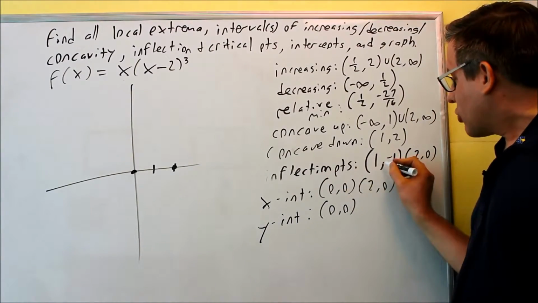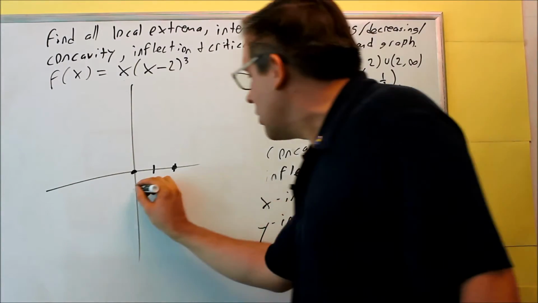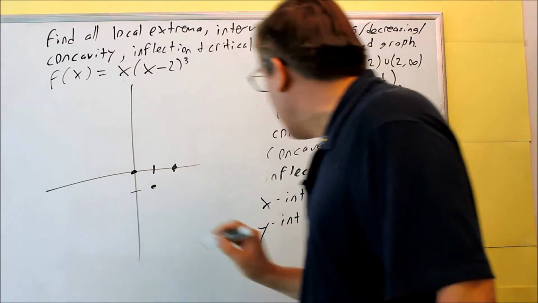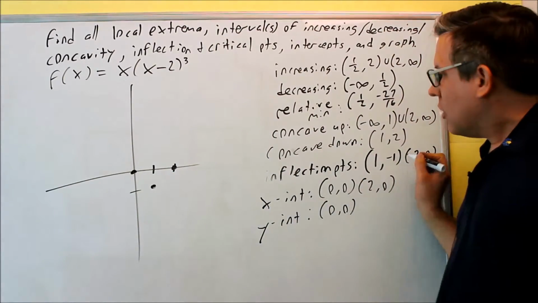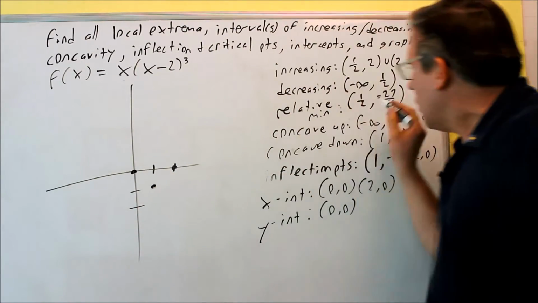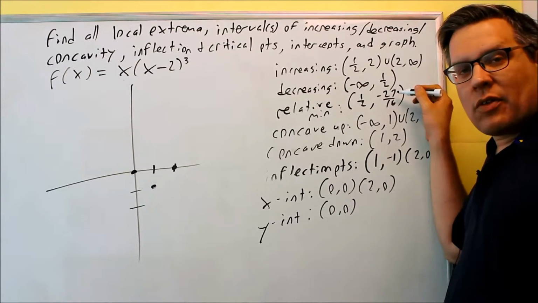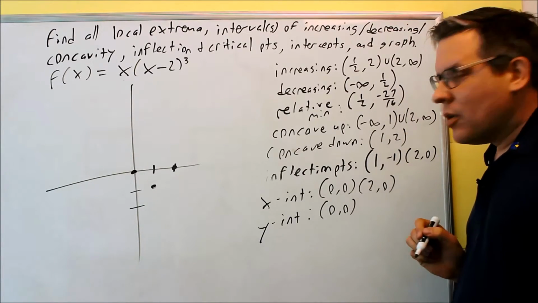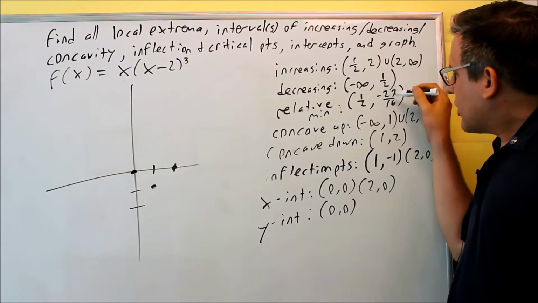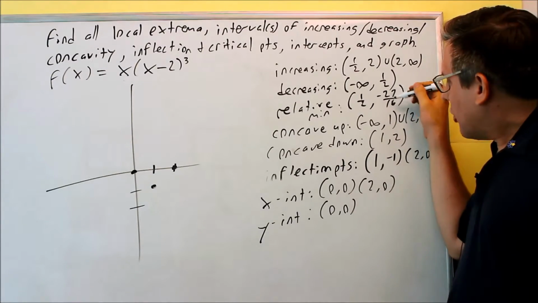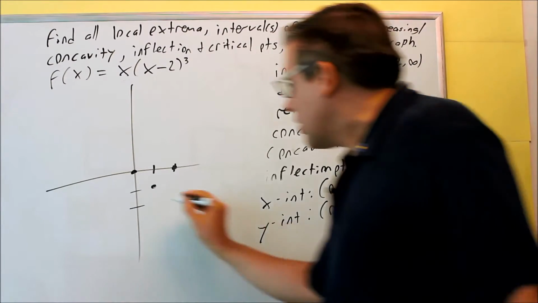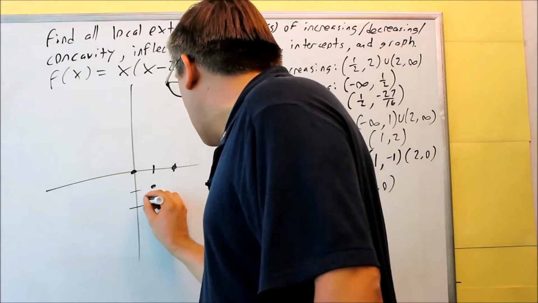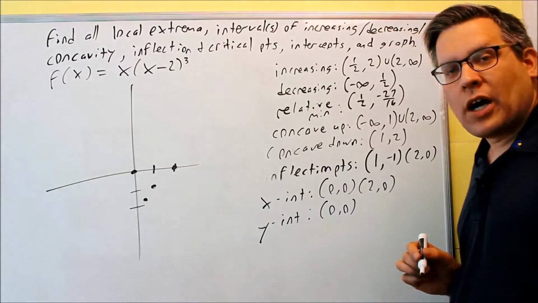We found an inflection point at (1, -1). So that's an additional point. We already got the (2, 0). But we also have (1/2, -27/16). That's our relative min. So -27/16, you can get a decimal for it, but it'll be slightly less than -2. So that's going to be somewhere around right here where it'll be plotted.